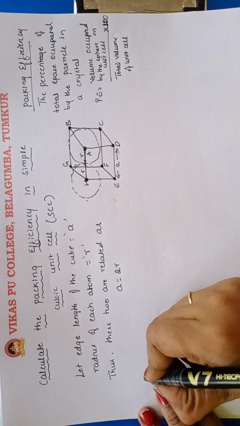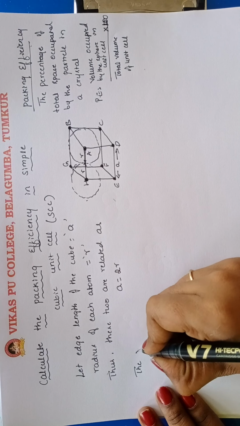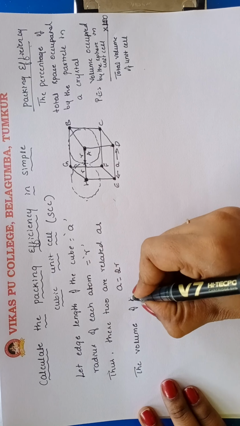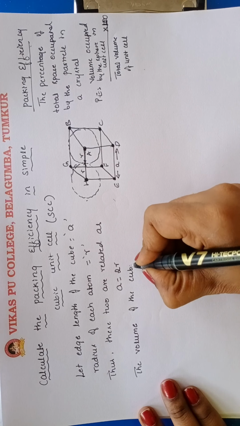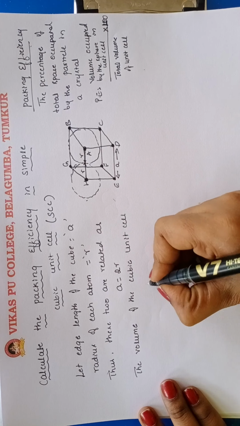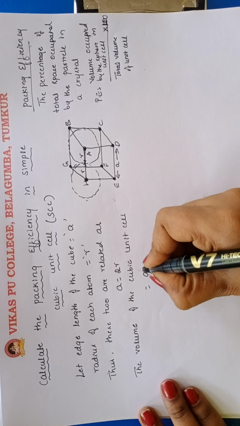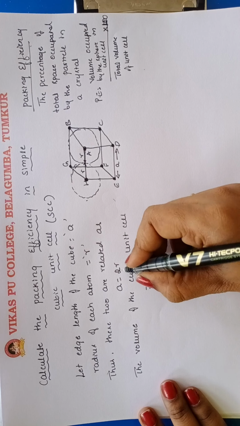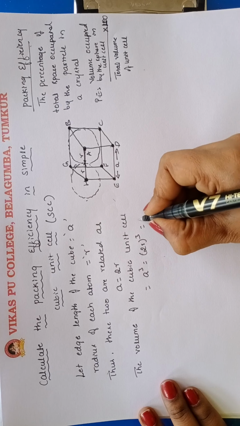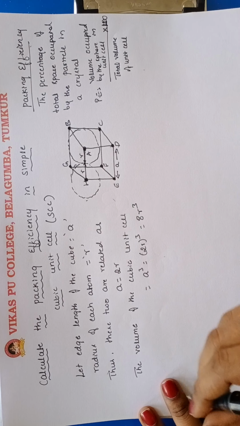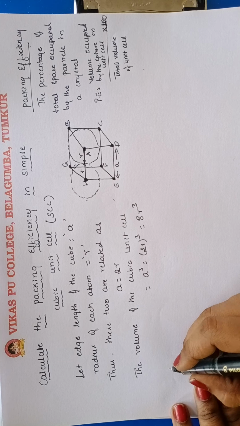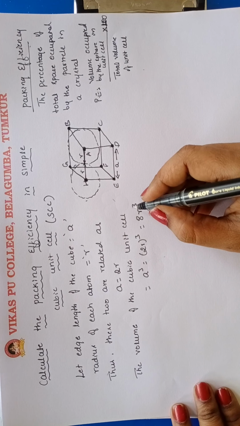Then the volume of the cubic unit cell is equal to A cube. A is nothing but 2R, whole cube, then we can write 8R cube. So the volume of the cubic unit cell is 8R cube.